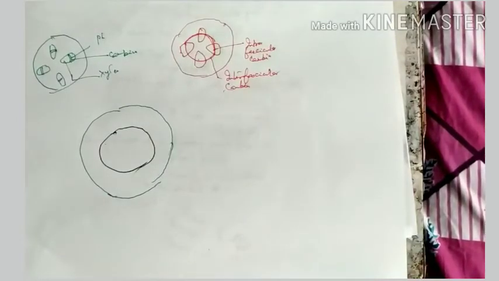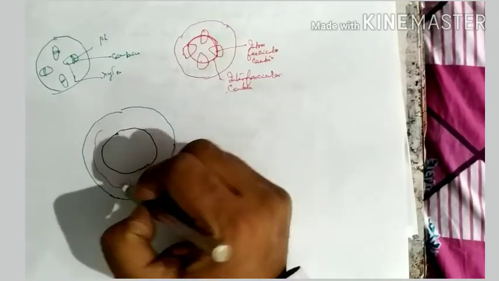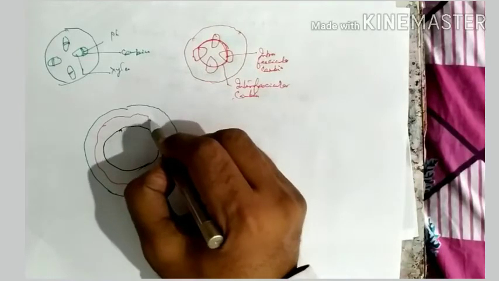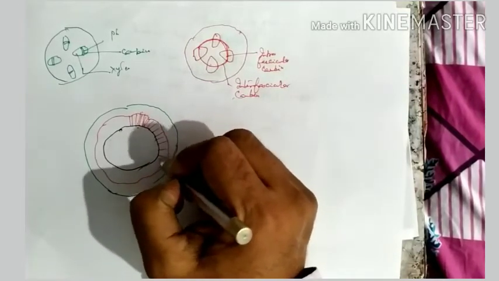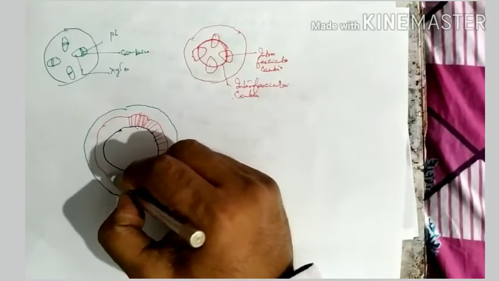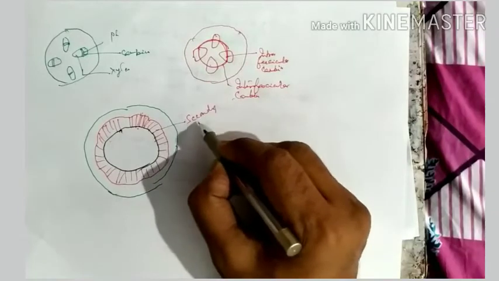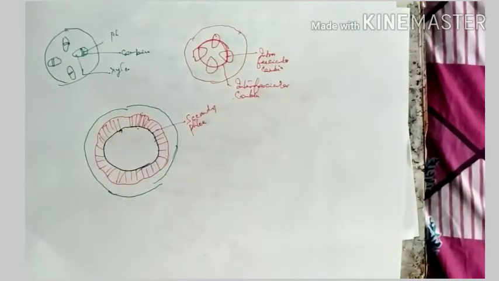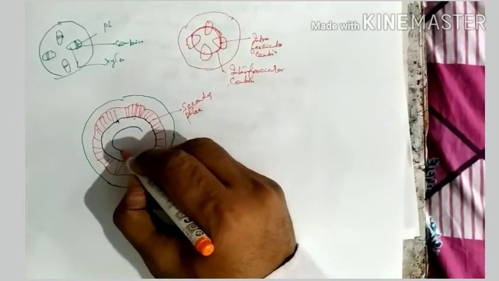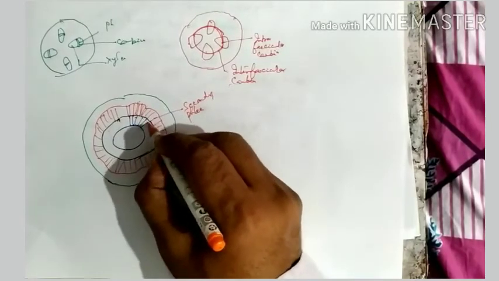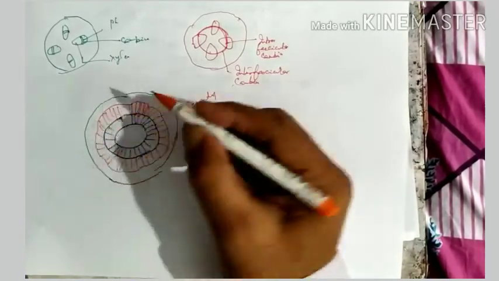Outward it cuts tissues which are known as the secondary phloem, and inward it cuts tissues, by the activity of the cambial ring.